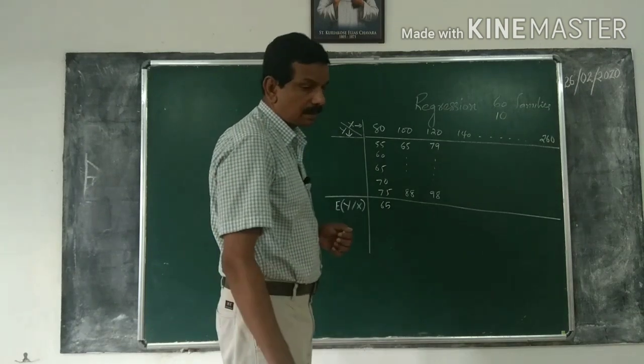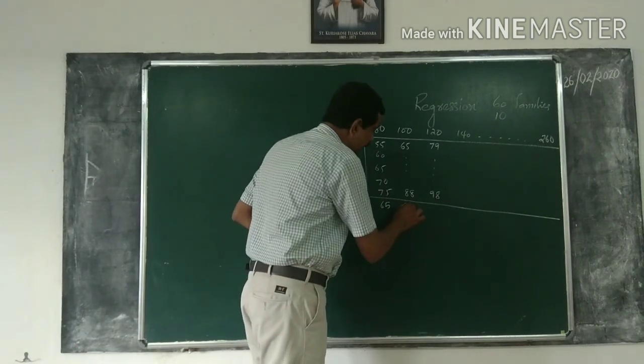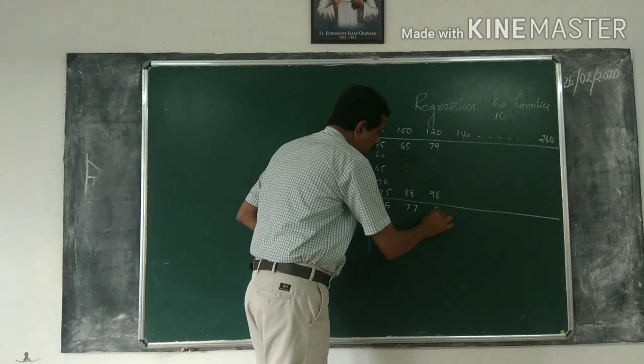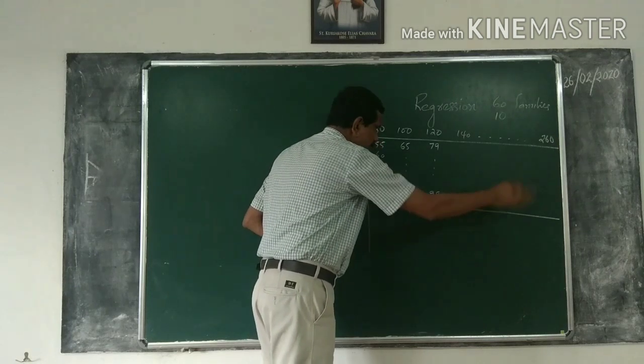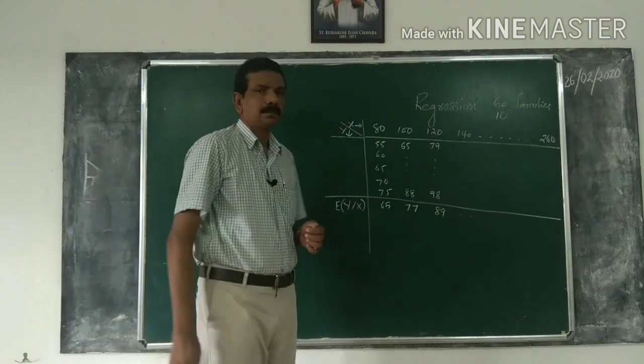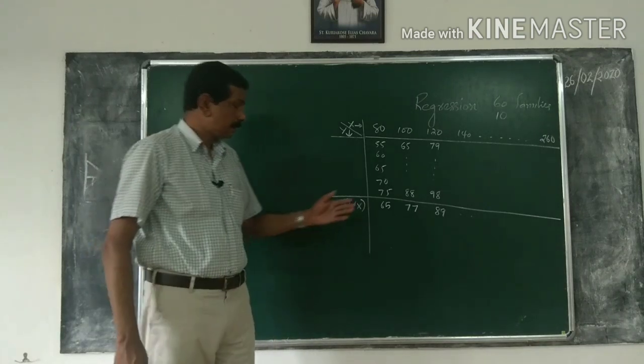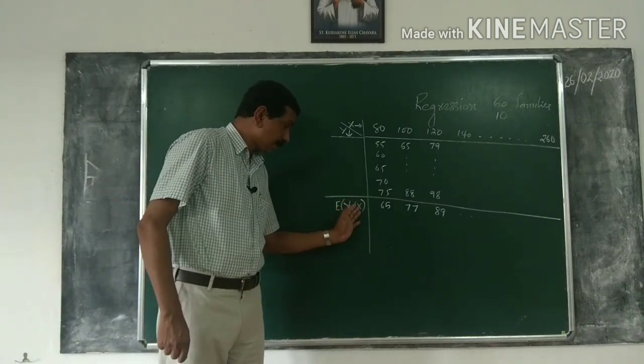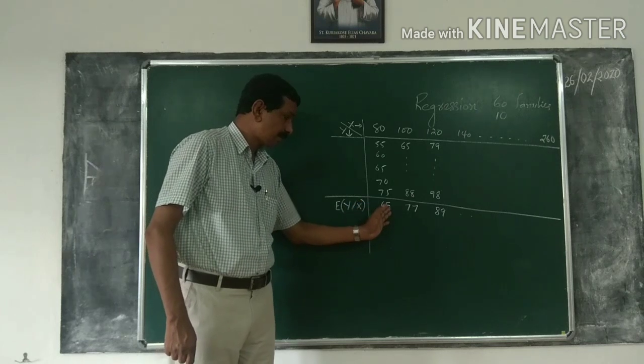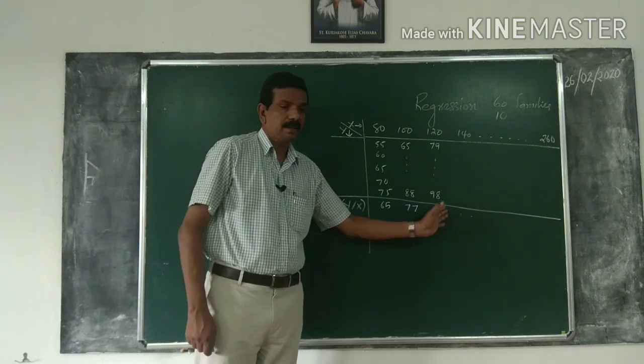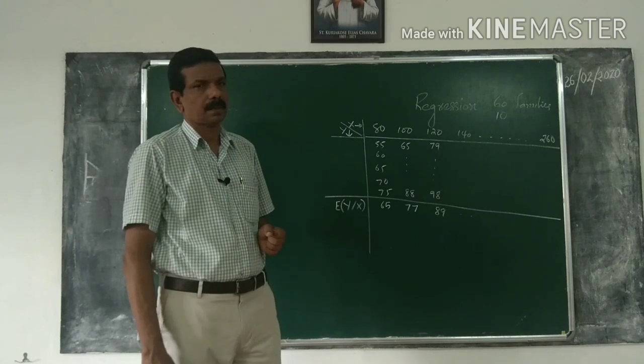In the next income group, it is 77. Then it is 89 and so on.